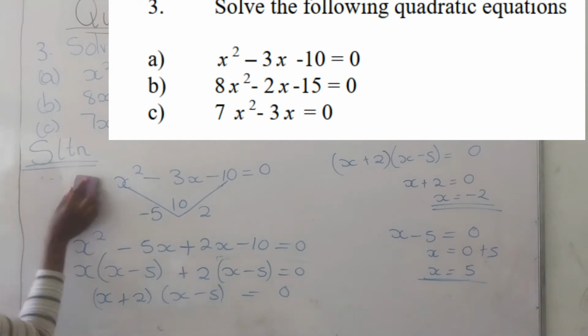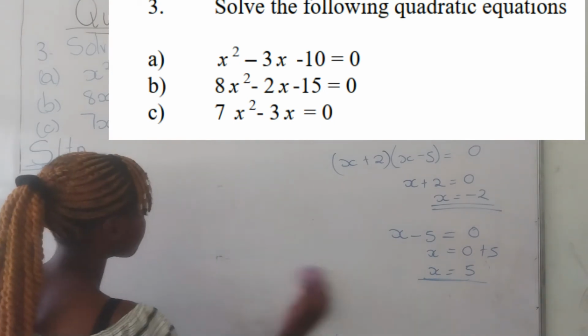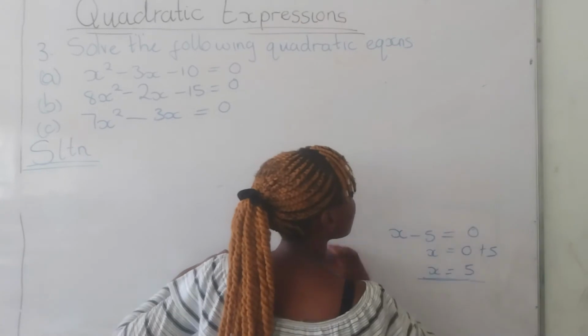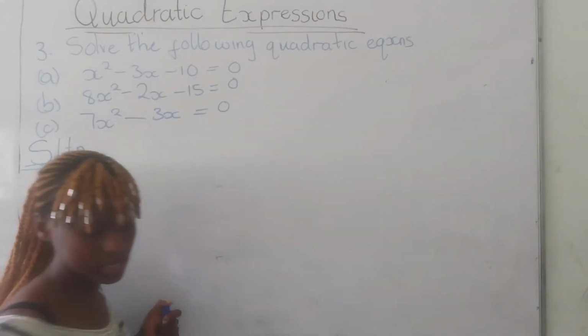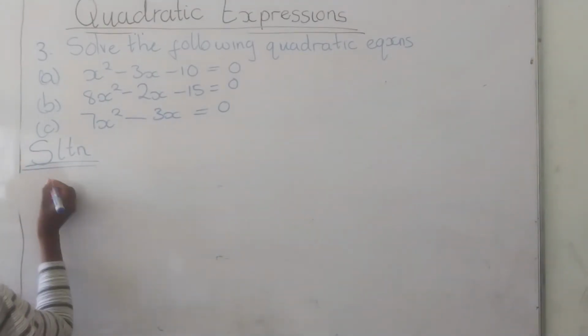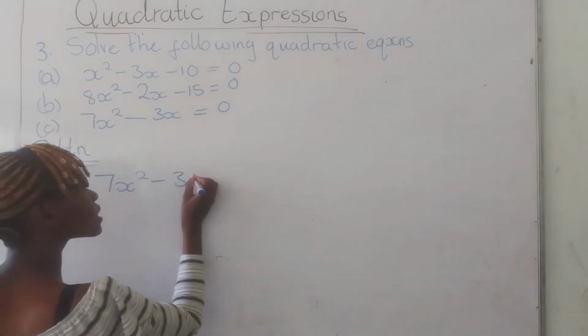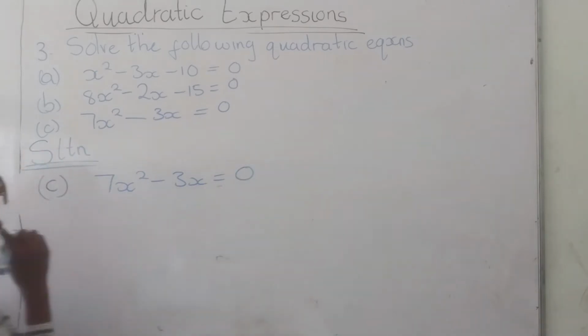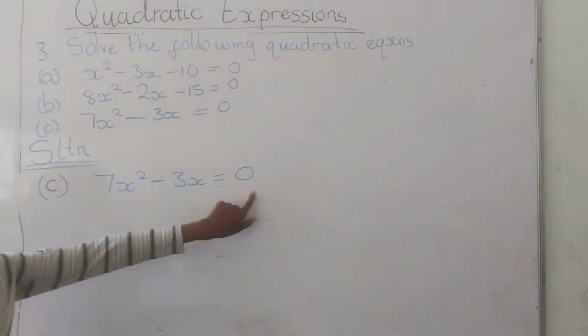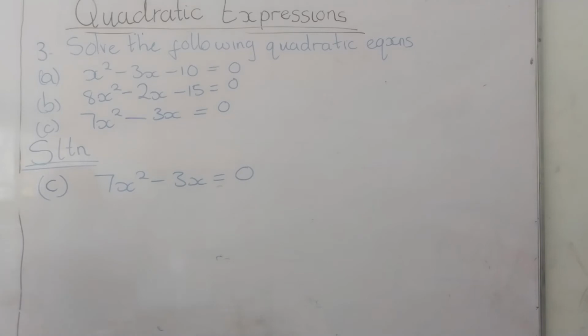So for my part C, 7x squared minus 3x minus 0. Okay, this is how it is, the question that we are given.